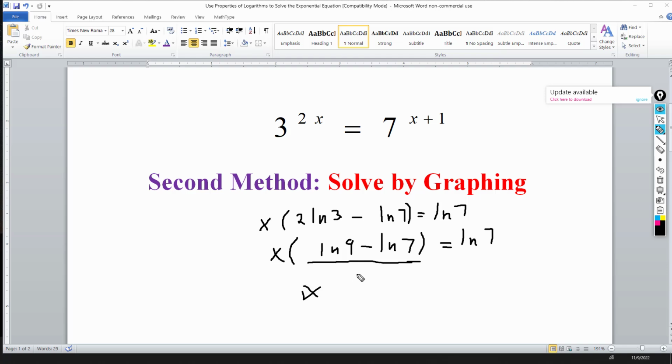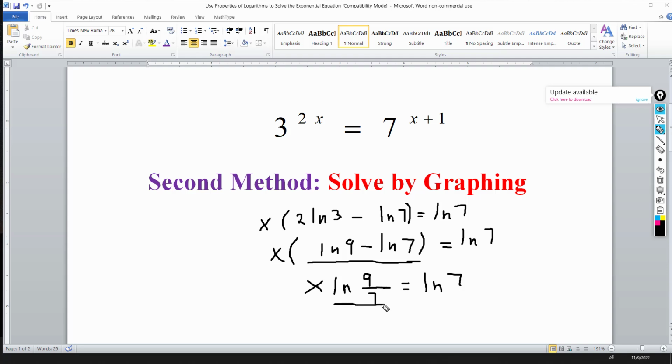I have a property of logs that tells me if I have the difference of two logs, I can write that as the log, in this case natural log, of 9 over 7. So now I have x times ln of 9 over 7, that's just a number, equal to ln of 7, that's just a number. So then I just divide both sides by this quantity right here.